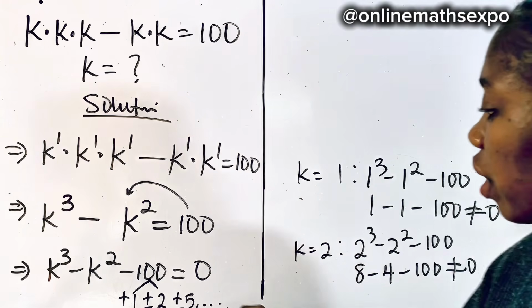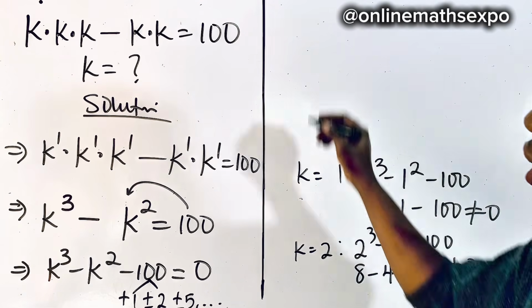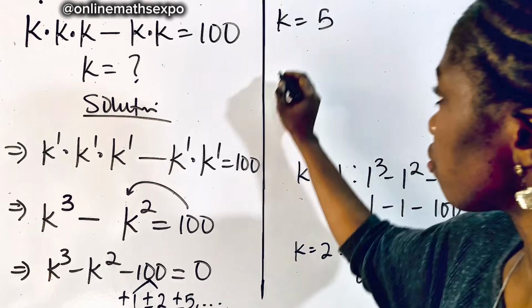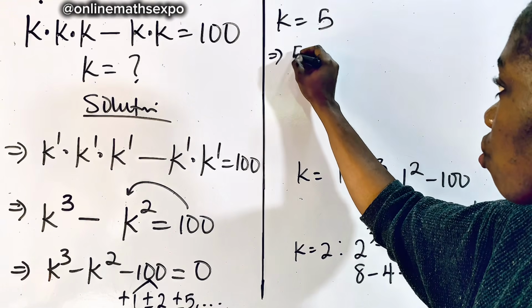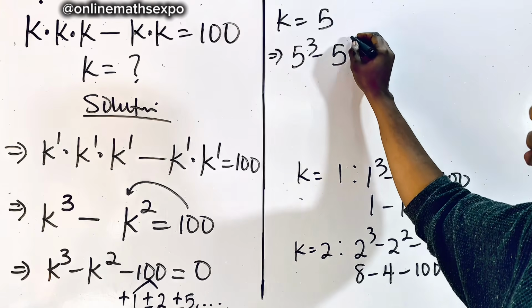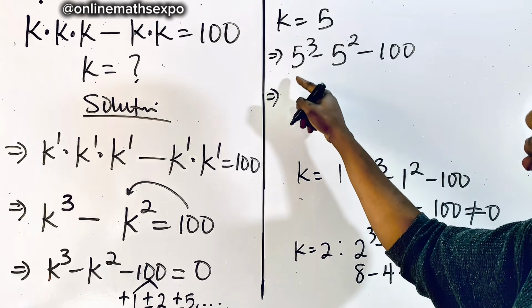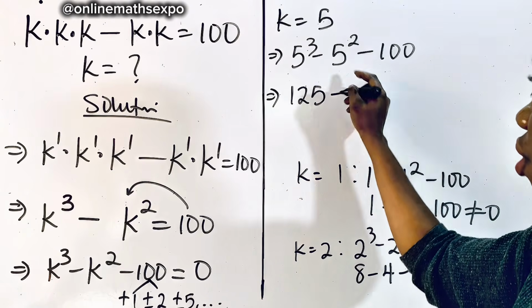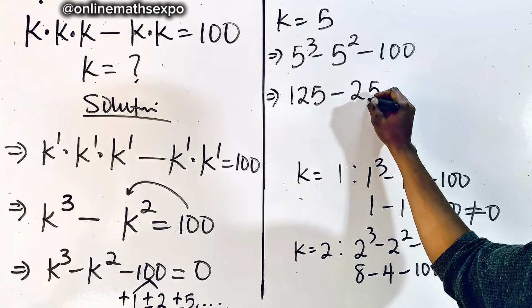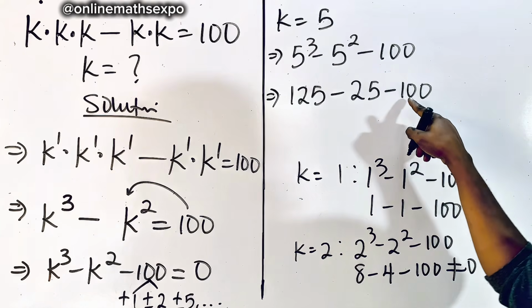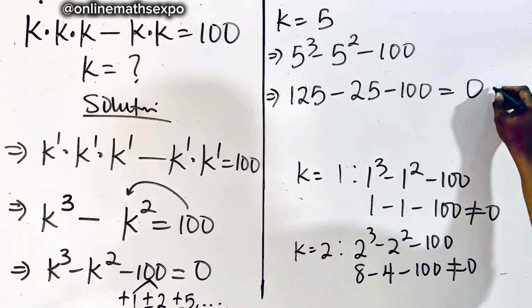Now let's check for when k is 5. So we are going to have 5 cubed minus 5 squared minus 100. Let's simplify. This will give us 125 minus 25 minus 100. If you subtract this, it gives you 100, and 100 minus 100 is equal to 0.